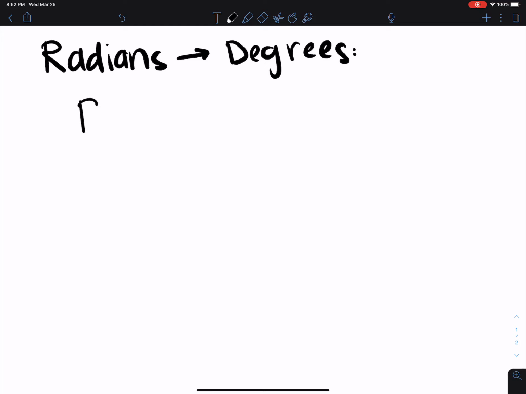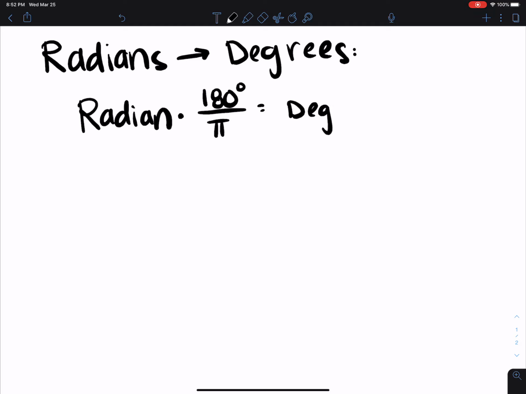The way you do that is you take the radians, you multiply it by 180 degrees divided by pi, and that's going to give you the degree measure.